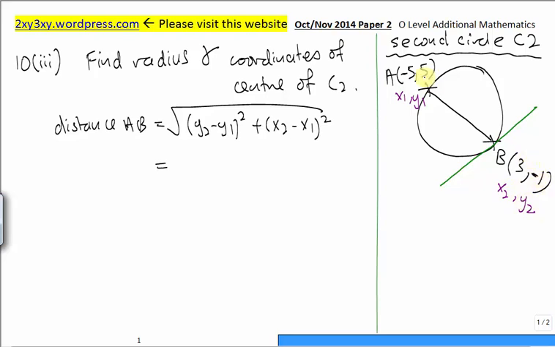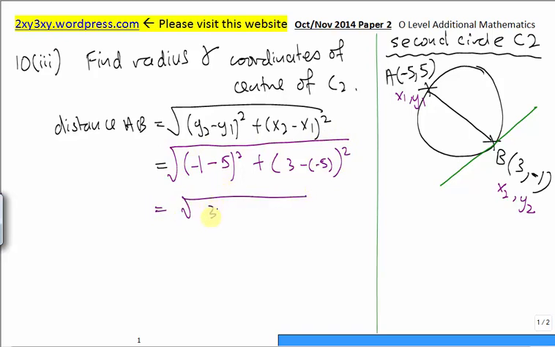So y2 minus y1, negative 1 minus 5 squared, plus x2 minus x1, 3 minus negative 5 squared. Square root this expression, it will give us 36 plus 64. So the diameter will be 10. Therefore, the radius will be 10 divided by 2, which is 5.